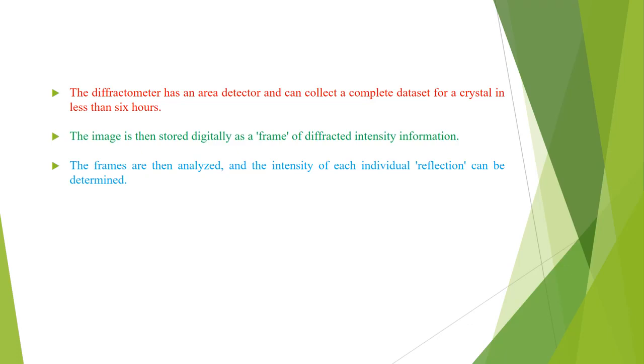The image is then stored digitally as a frame of diffracted intensity information. Many frames are collected in turn as the crystal is rotated in a series of small steps. The frames are then analyzed and the intensity of each individual reflection can be determined.